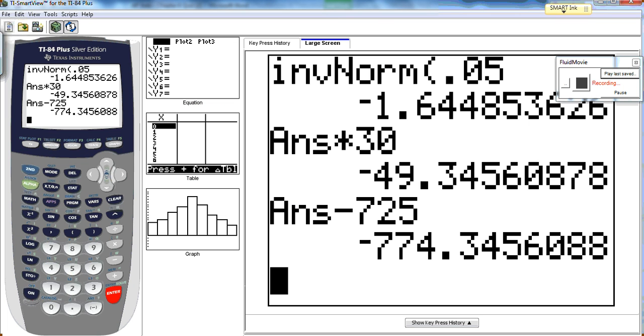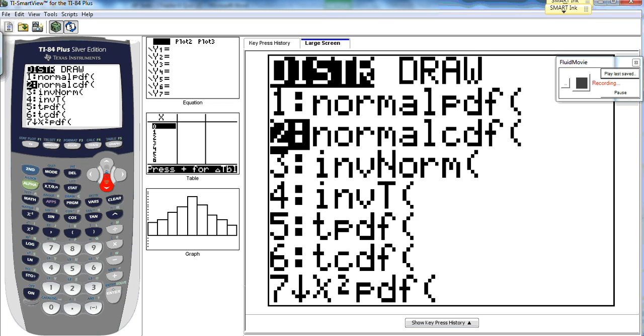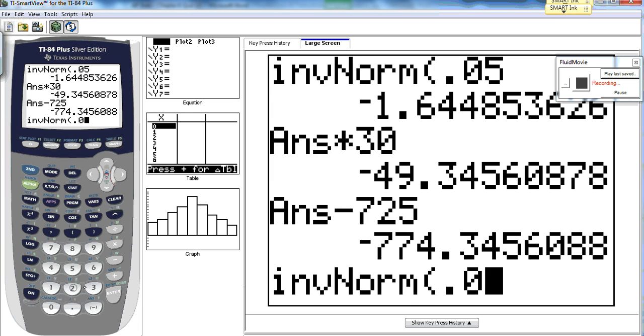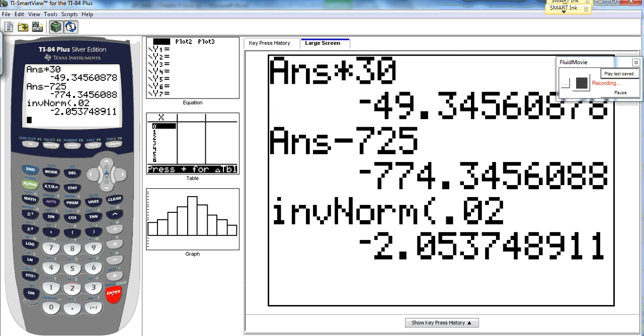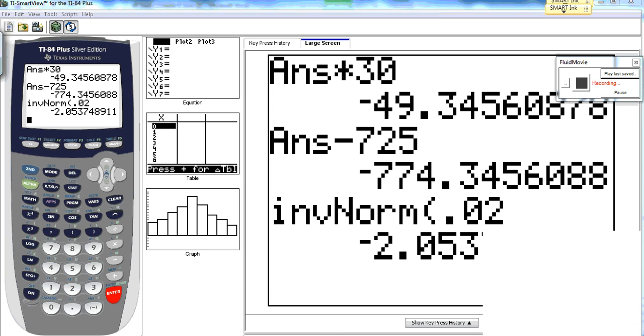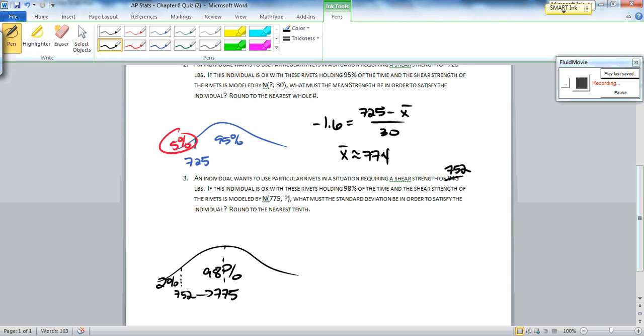So we would do the same thing, inverse norm, 0.02, not 0.98. So we get approximately a negative 2.05 equals, so in this case we know that we want 752 minus 775 divided by the standard deviation.